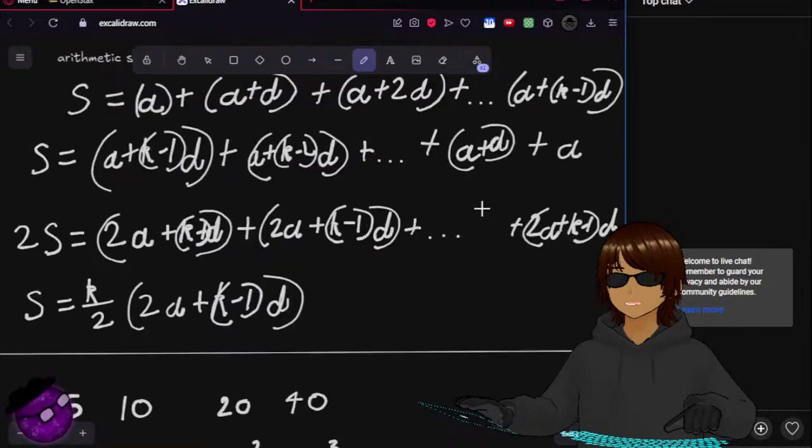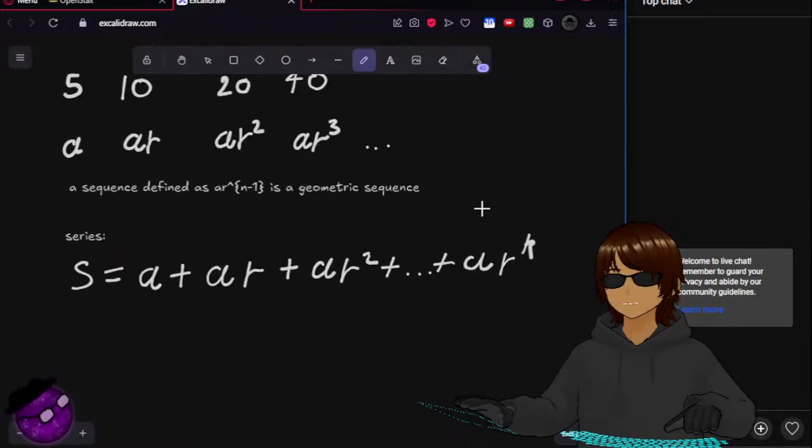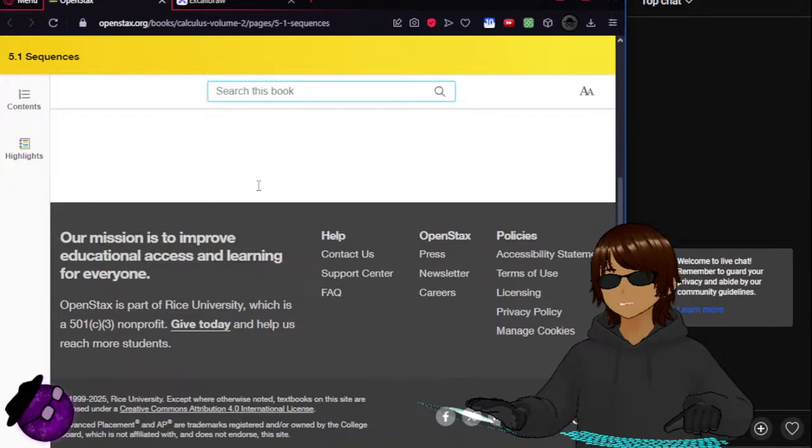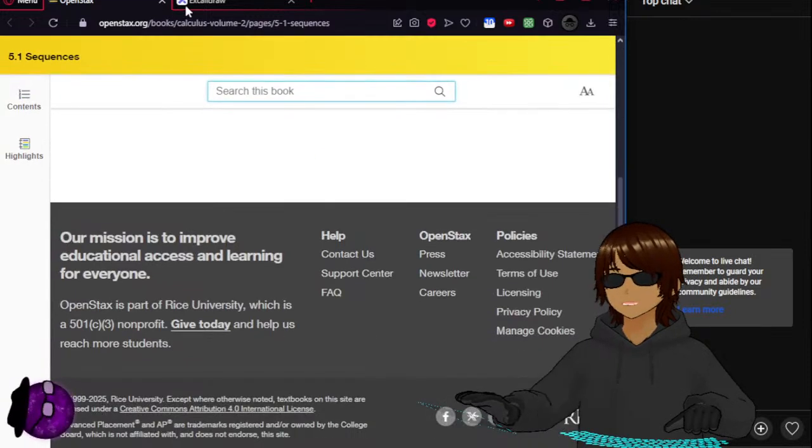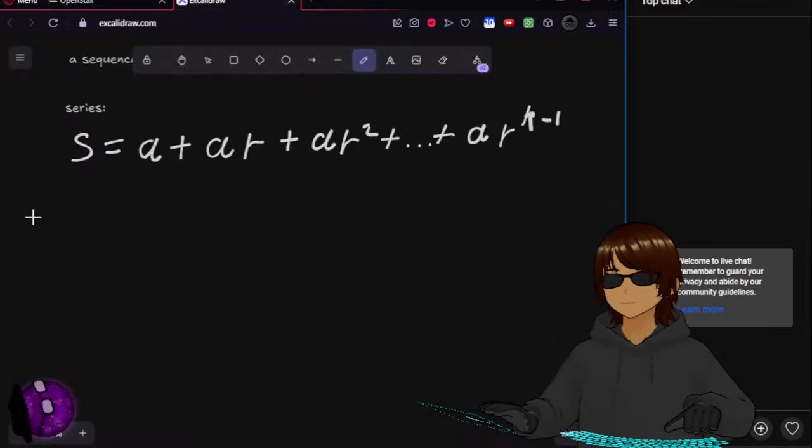Should I do k or k minus 1? Okay, let's do k minus 1. There are k terms in total, so the last one would be a times r to the power of k minus 1.